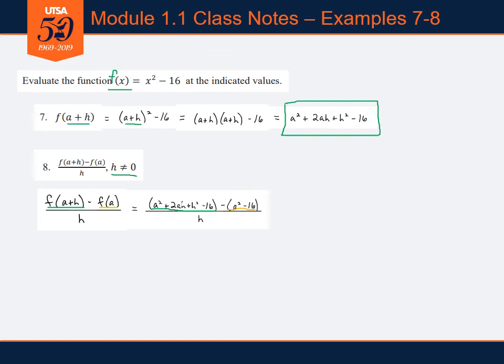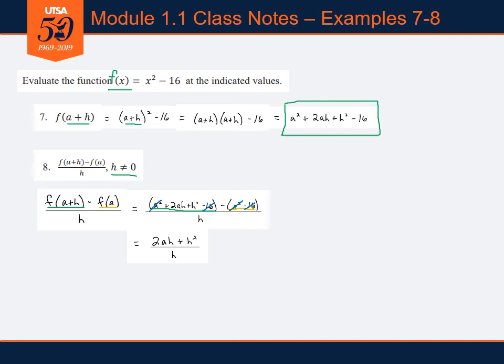I'm going to subtract these two sets of terms, and when I do that, I note that a squared minus a squared, those two terms cancel. And similarly, negative 16 minus negative 16, those two terms cancel.